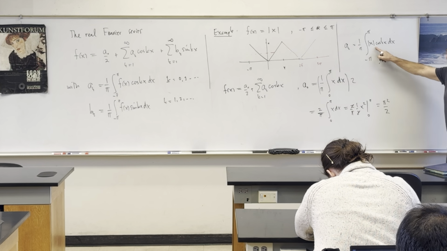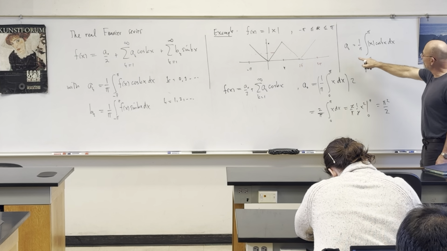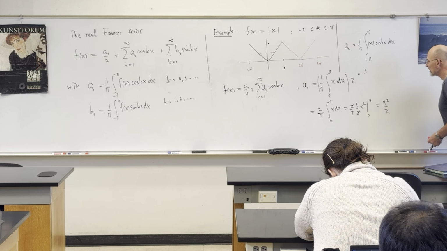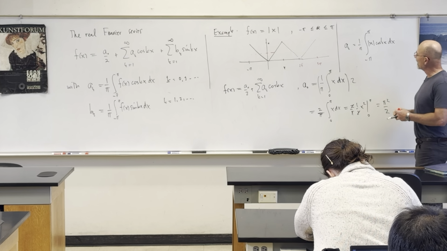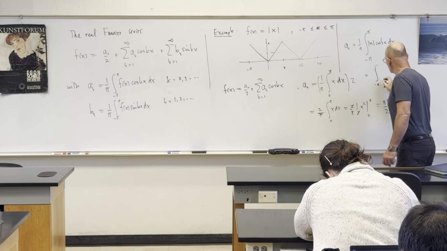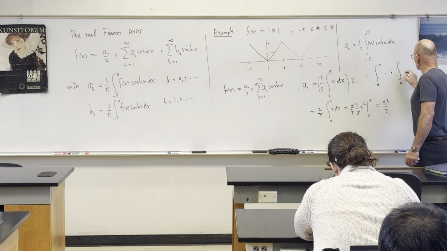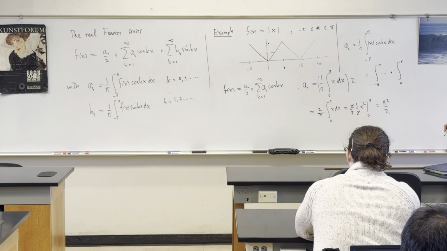Of course, you don't want this, you want to break this up into 2 integrals. So I'm just going to write equals the integral from minus pi to 0 plus the integral from 0 to pi, with the appropriate stuff there.